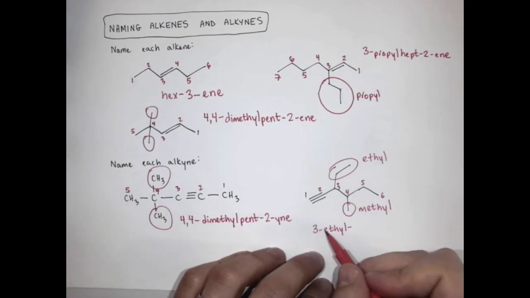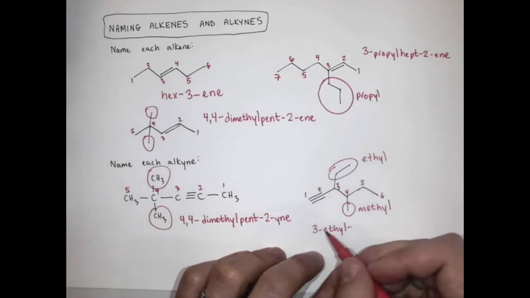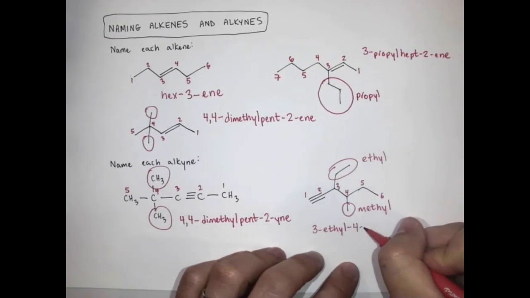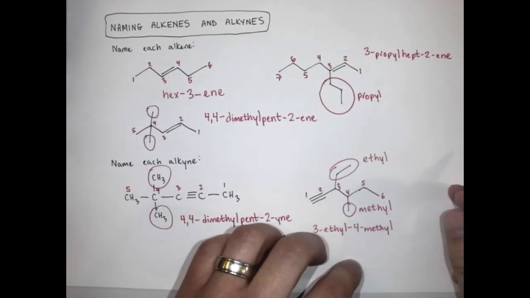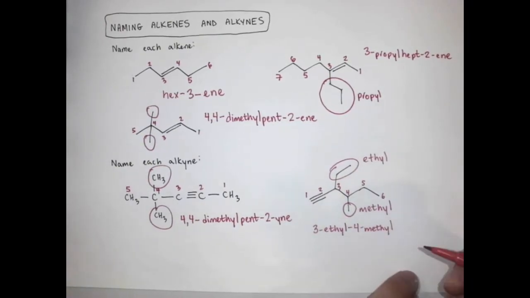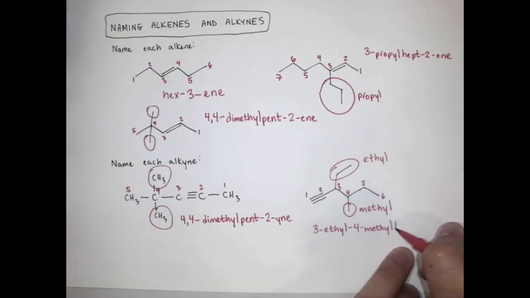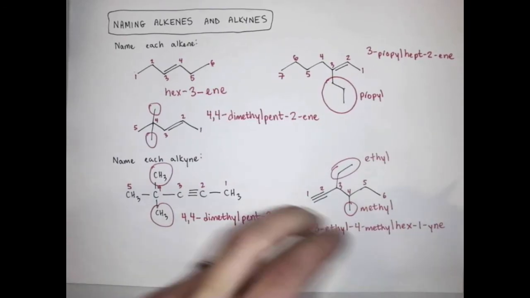You should always have a hyphen between a number and an alphabetical word. 3-ethyl, 4-methyl. So there's our prefix. Now I'll put my root in, so that's going to be hex, and the triple bond starts at carbon 1, so it'll be hex 1-yne.